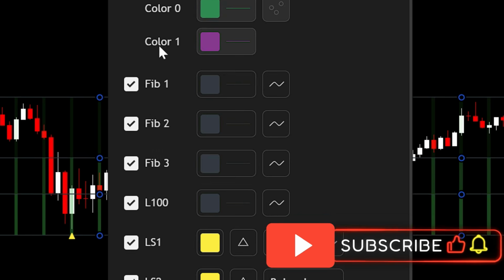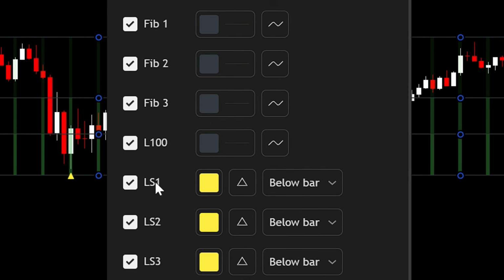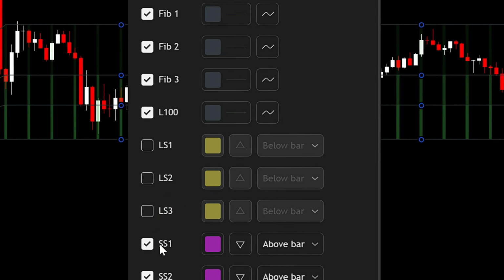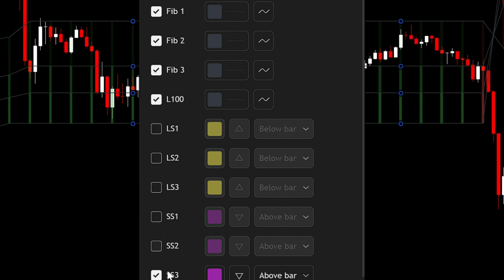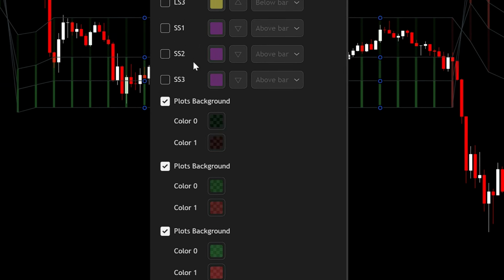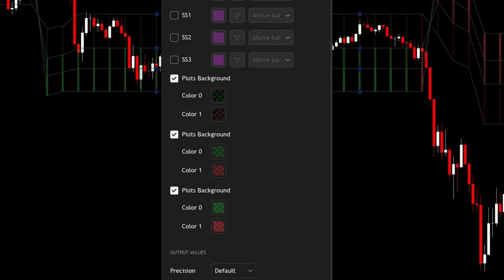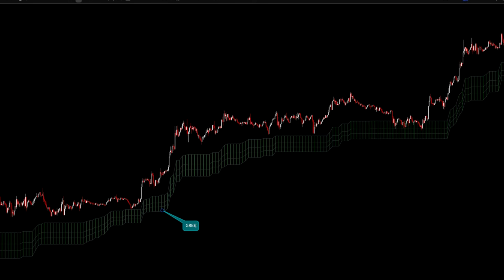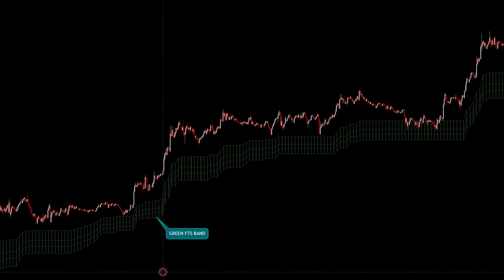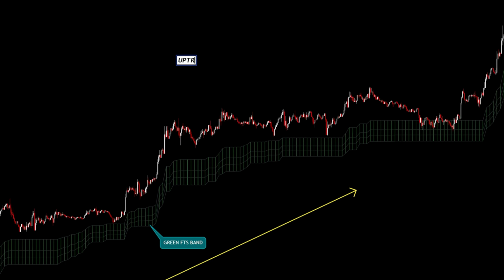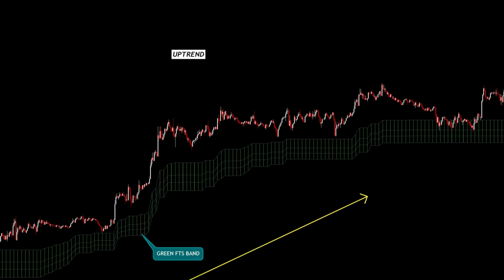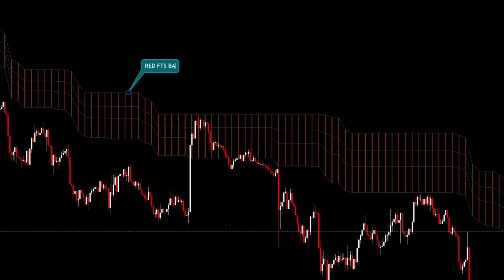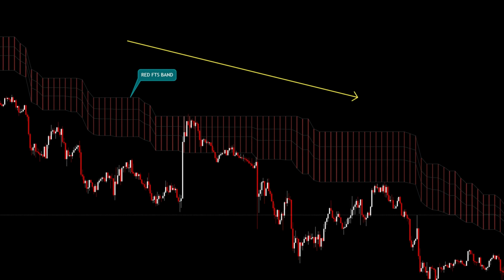That way, nothing distracts me. Reading it is simple: green band with price above, uptrend. Red band with price below, downtrend. Clear visual, no guesswork.